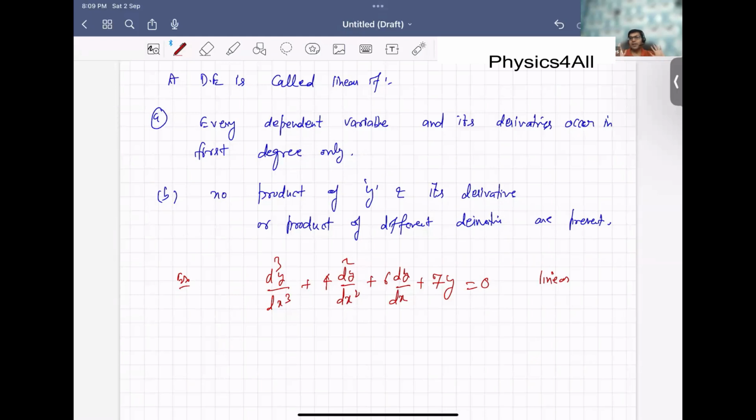So it's a perfect linear differential equation. Okay? So it's a linear ordinary differential equation of order 3 and degree 1, right? If you want its complete name, it's a linear ordinary differential equation with order 3, degree 1.